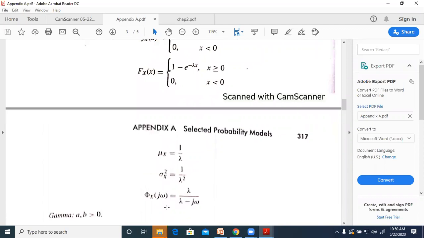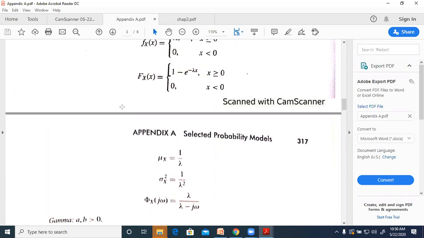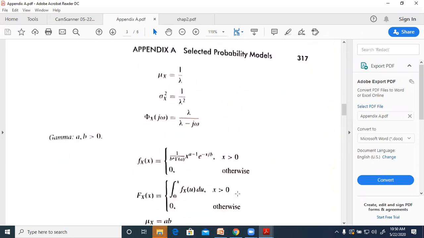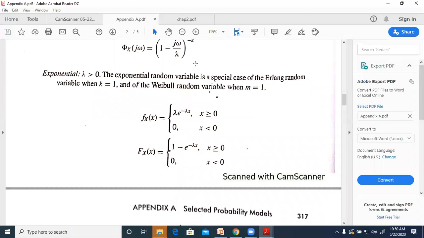So we need to get this using the other one. Going back, let us try to solve that.